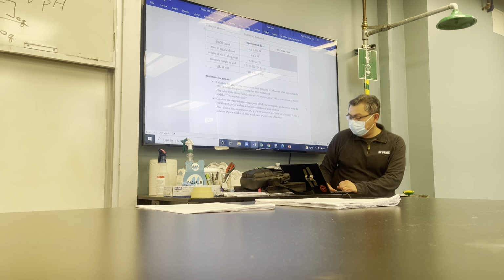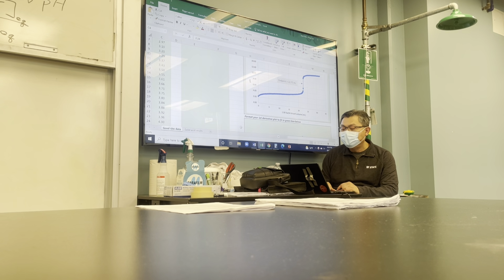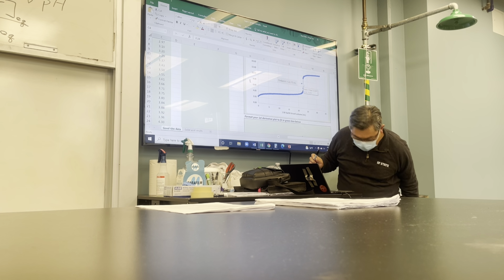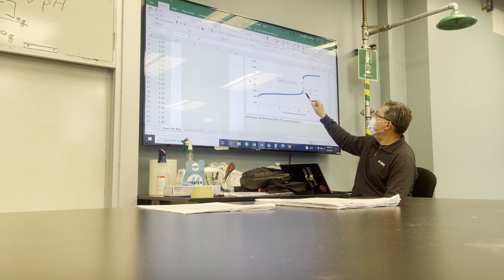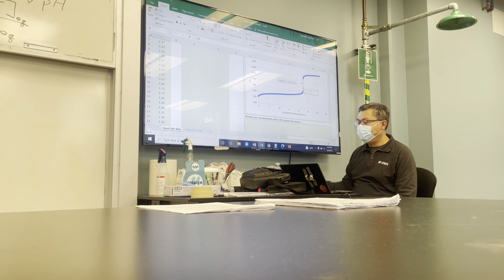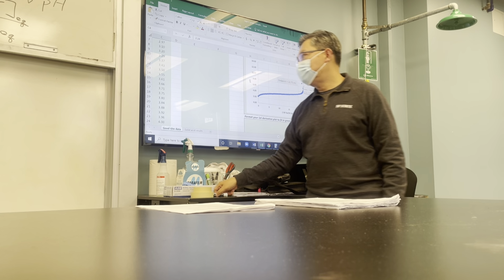Now, one more. And we say what is the pKa? How you learn the pKa is to find the half equivalence point. So here is the equivalence point in my example, 22.8. So 22.8, I'm going to divide that by 2.